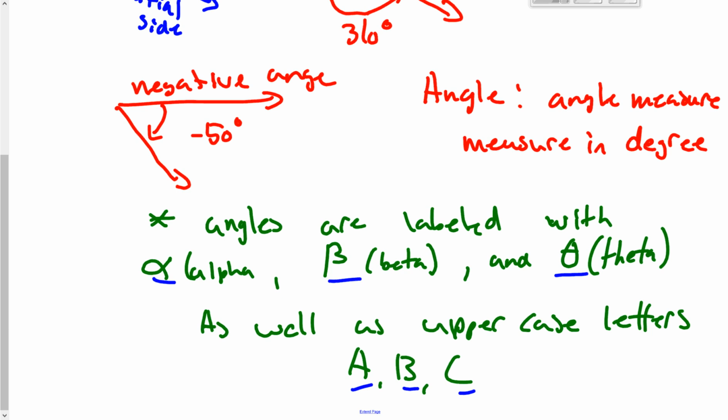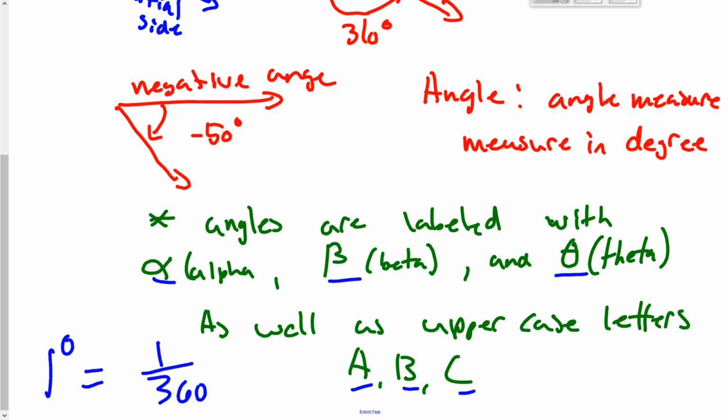And remember that 1 degree is equal to 1 over 360 of a rotation, not 360 degrees, right?